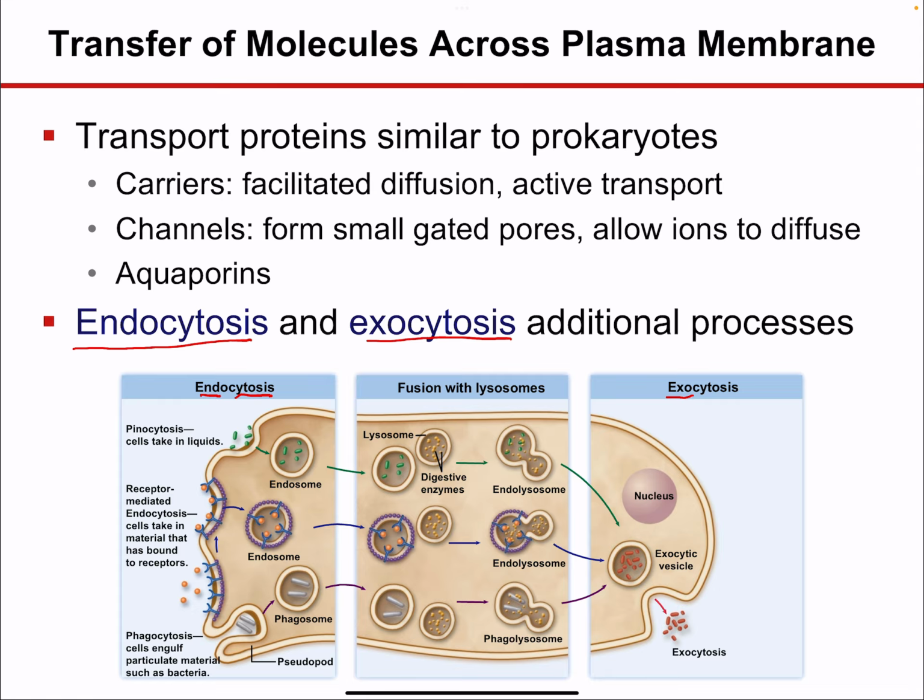One is when the cell wants to bring in some hard, solid particles. For instance, your white blood cells can go after a bacterium that is infecting your body because you ate a Subway sandwich that was spoiled.